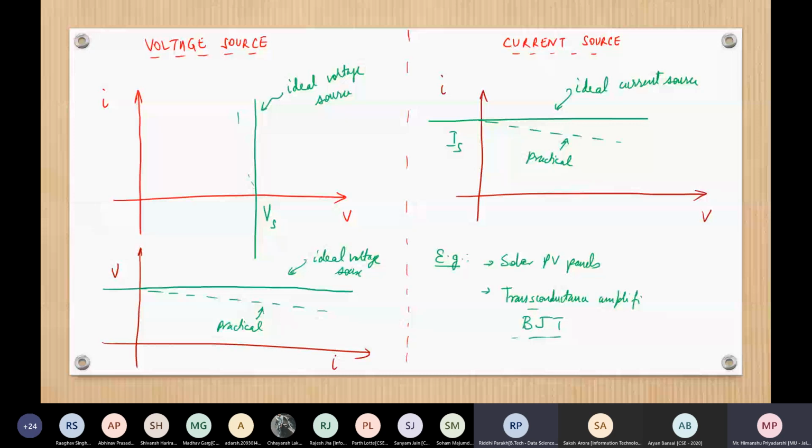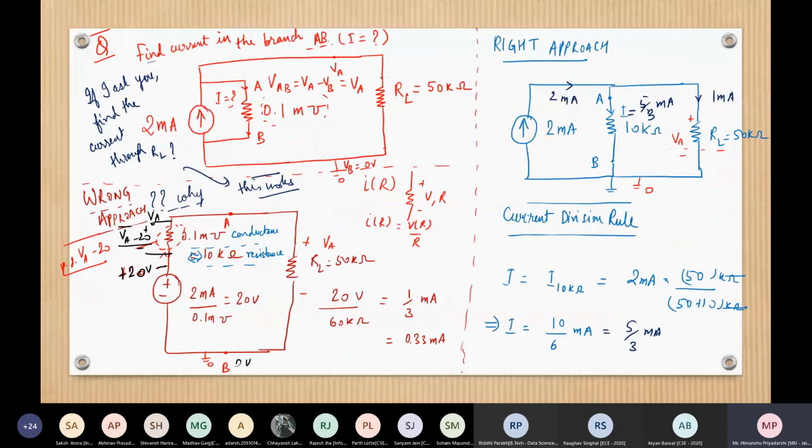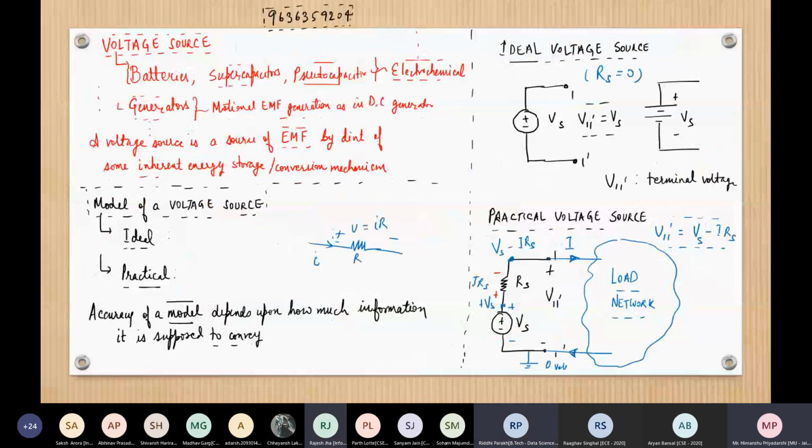Any other doubt? Which source is objectively better, voltage source or current source? Again, I told you that these are models. We are studying electrical circuit models. Actually, you have a whole range of energy storage devices.